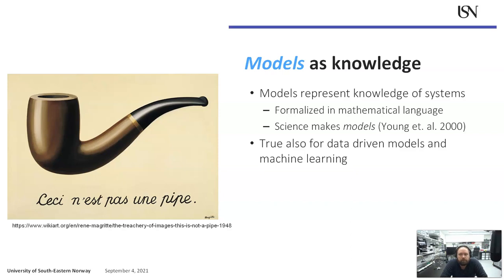My copy was written in 2000. I'm sure there have been new releases since then, where they state very early in the book, I think it's on page 3, that science is the business of making models. That science uses models to describe the world. So when you think of Newtonian mechanics, Newton's laws 1, 2, 3, you can think of those as models of some physical phenomena of forces and accelerations and mass, for example, how these things behave.